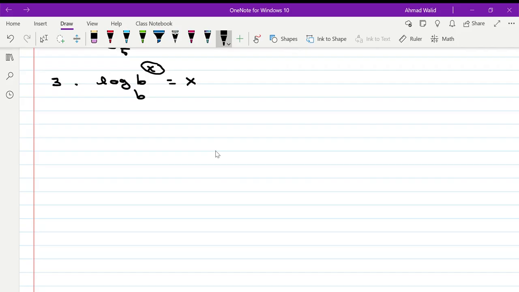For example, log of, let's say, 3 to the power of 5 base 3. Immediately, my answer is what? 5. Correct? Log of 10 to the power of 2 base 10. The answer is 2.